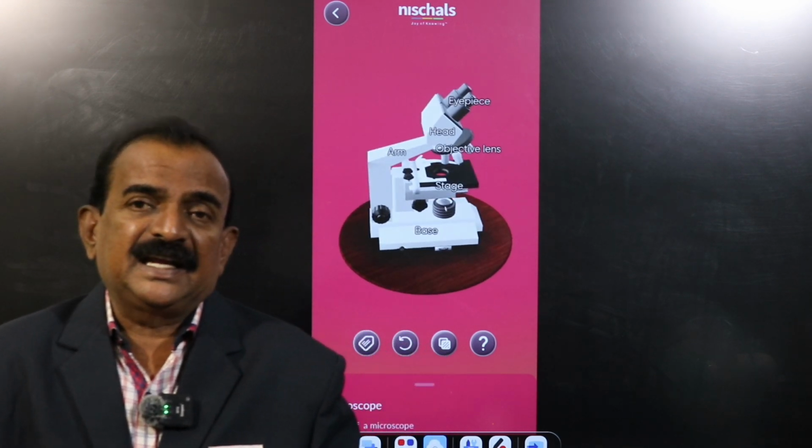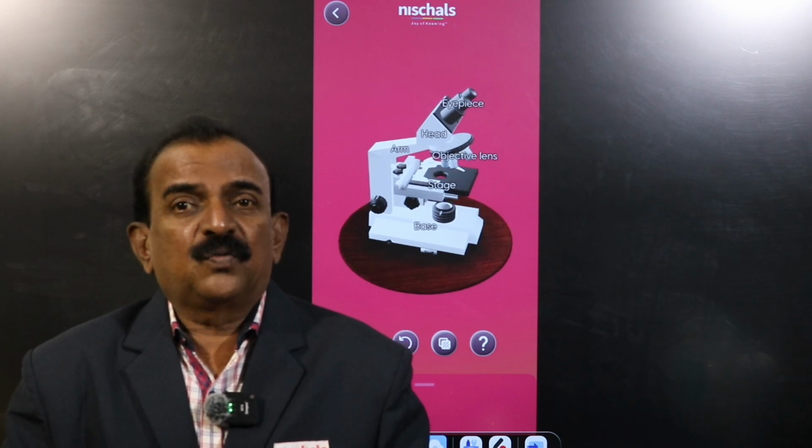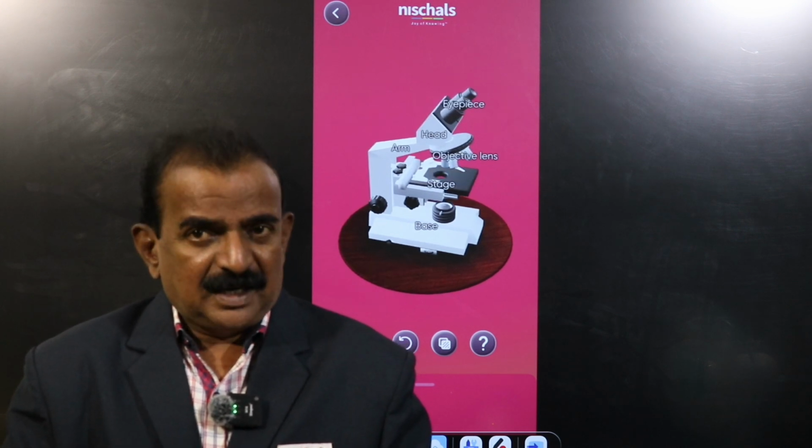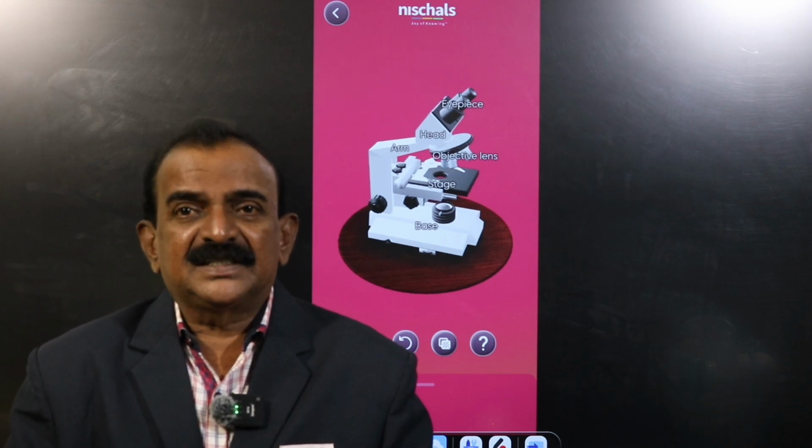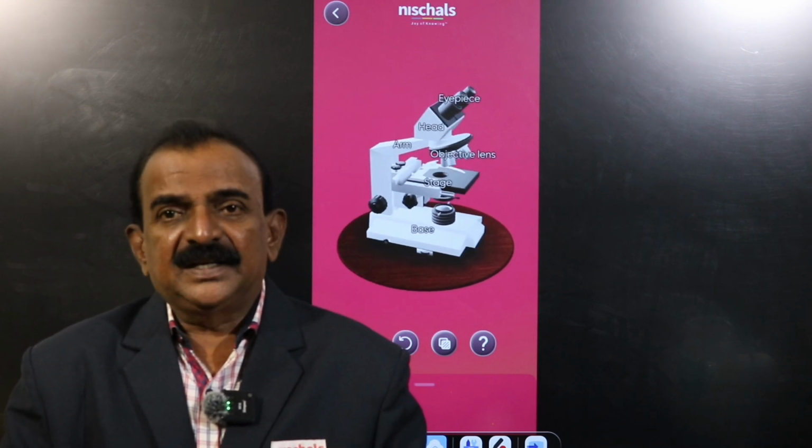It can magnify the object size up to 4000 times using light. This light is useful to focus on the specimen, so we can see the specimen under the objective lenses. So this is the compound microscope. The other name for compound microscope is light microscope.